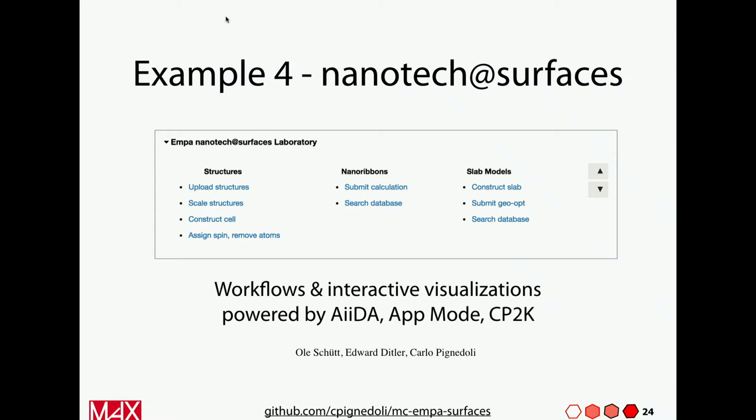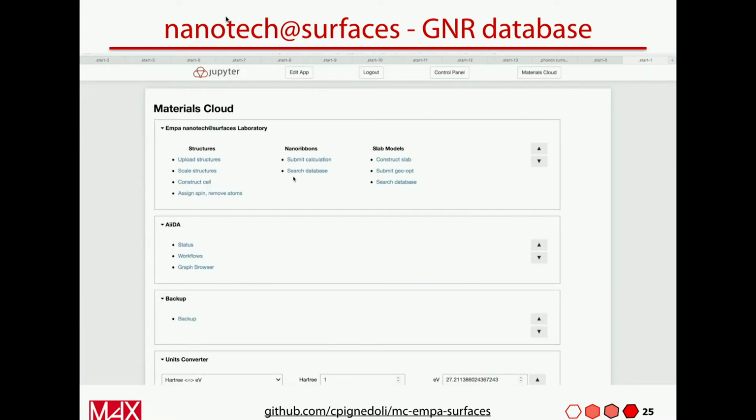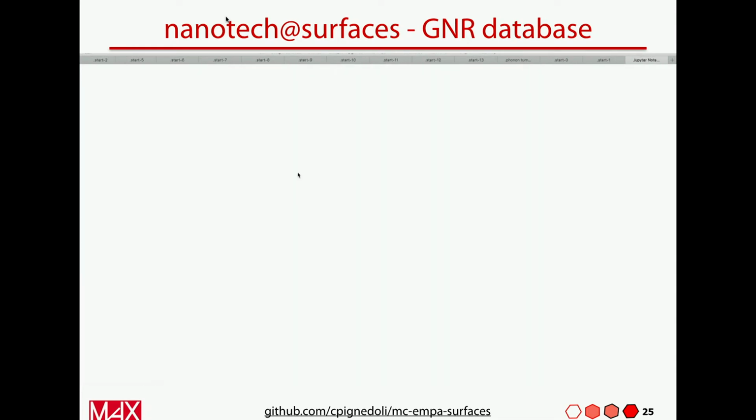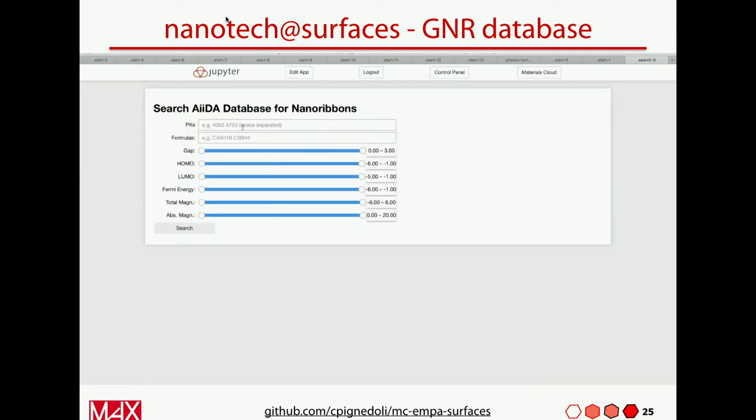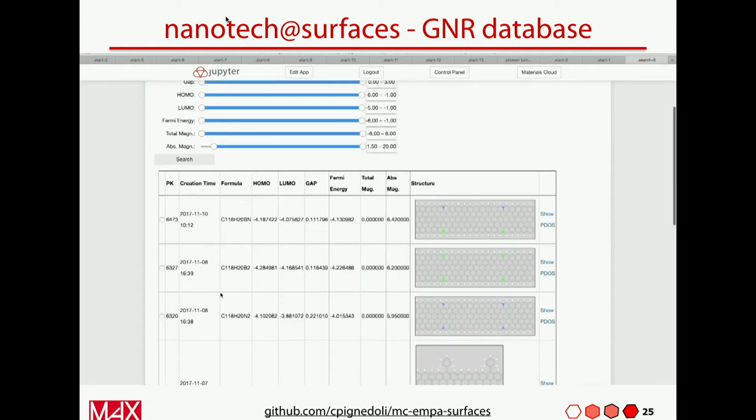And so every now and then the experimentalists ask the theory guys, could you please investigate this structure because we might want to synthesize it. And what they did is they programmed both workflows inside Jupyter and interactive ways to browse the results obtained from the calculations done using AiiDA. So this is an example of browsing their graphene nanoribbon database.